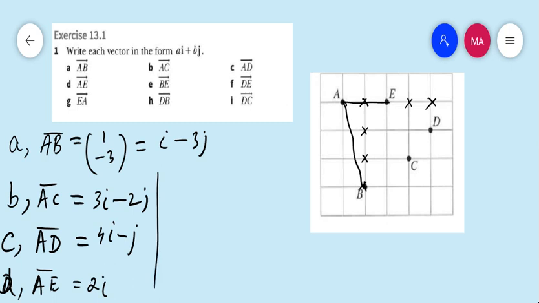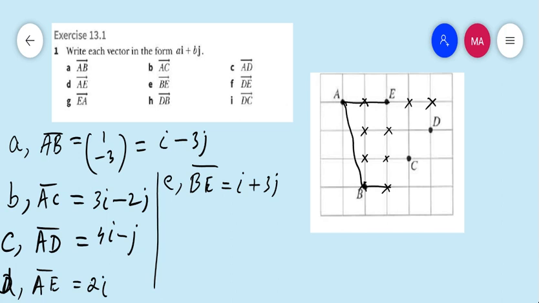Okay, now part E. Part E is BE. B to E. So where is B? This is B, this is E. So B is 1 on the x-axis, so it is i, and on the y-axis 1, 2, 3. So i plus 3j.